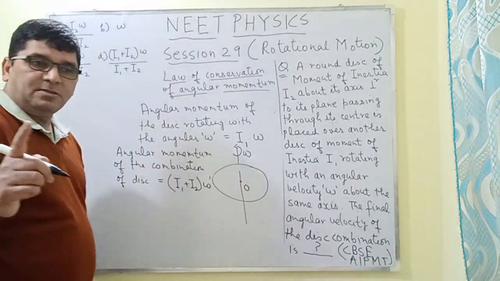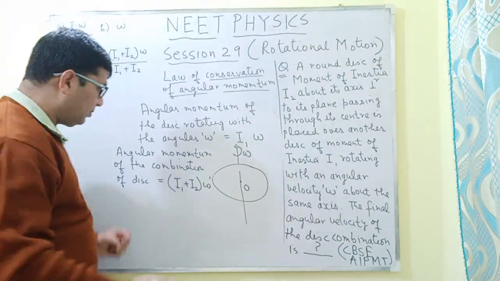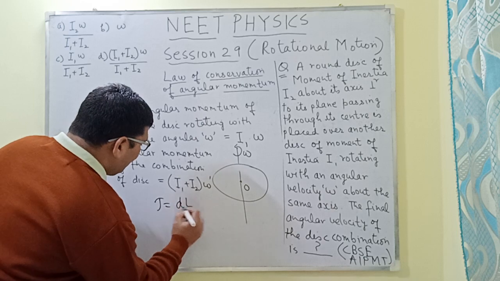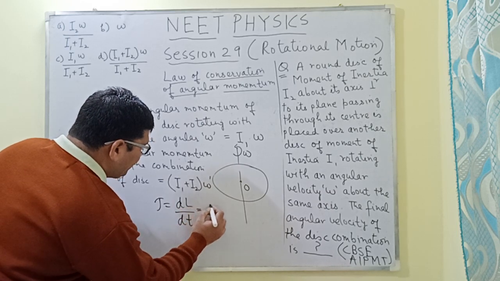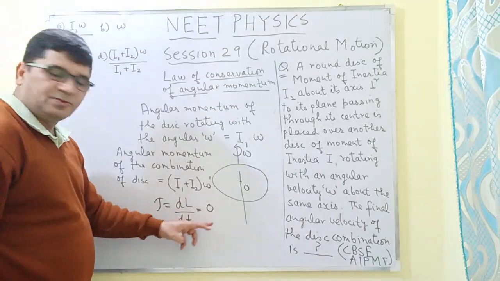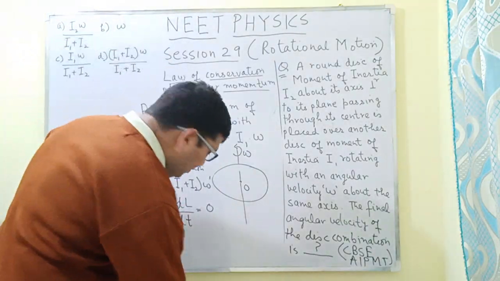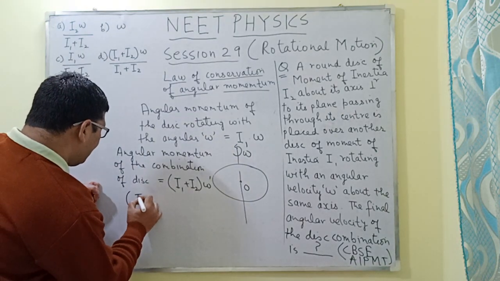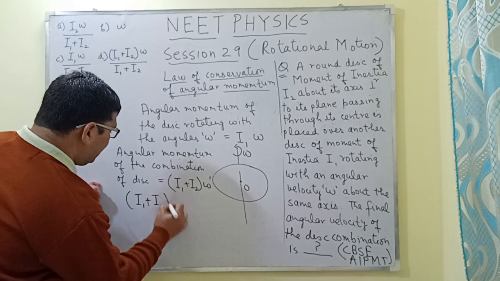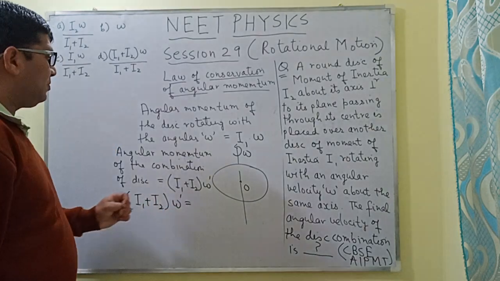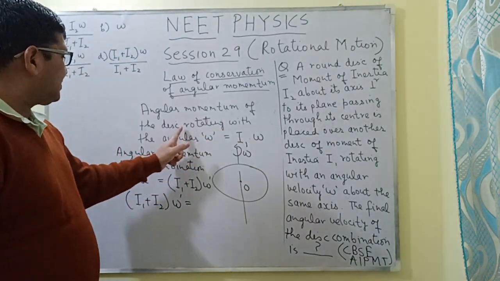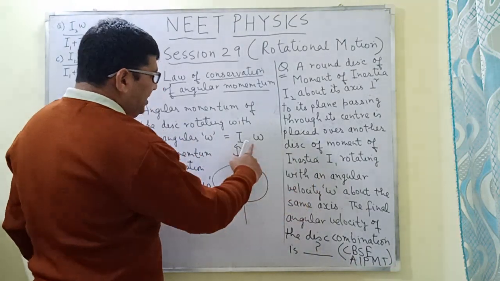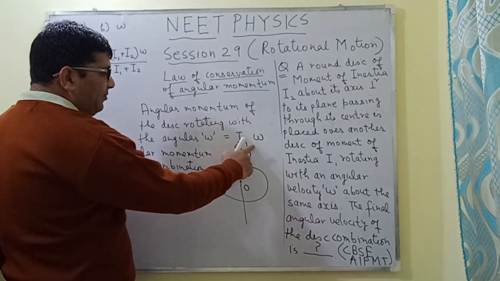Now when the external torque is 0, then as I have just explained, torque is given by dL upon dt, and if torque is equal to 0, then dL upon dt is equal to 0, or angular momentum is constant. So when angular momentum is constant, the final angular momentum, I1 plus I2 into omega dash, will be equal to the angular momentum of the disk rotating with angular velocity omega, which was I1 into omega.